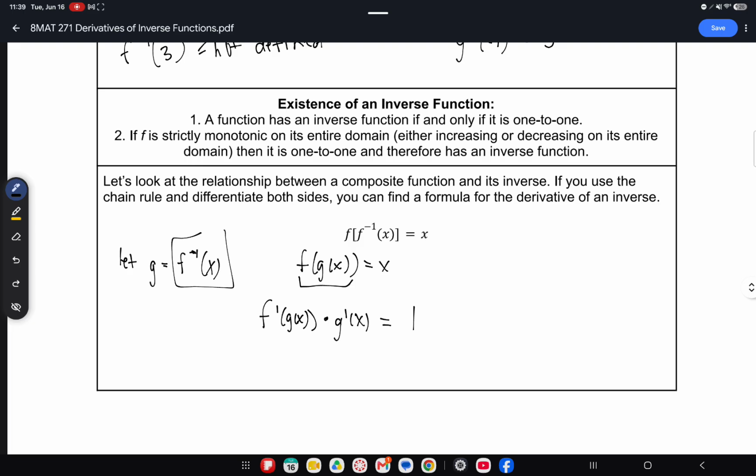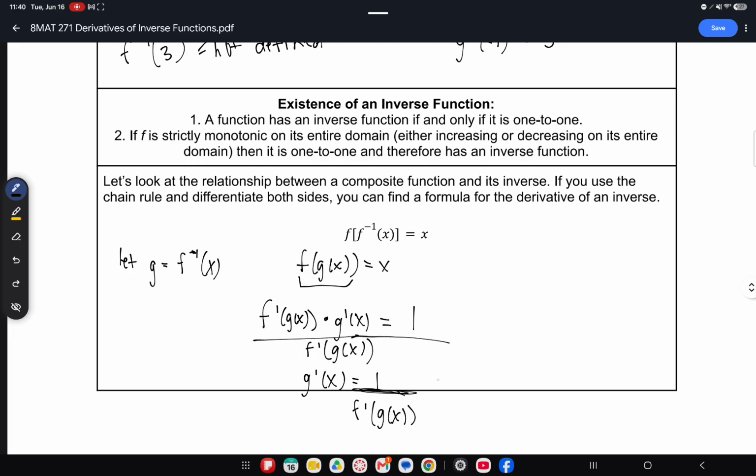Since we wanted the derivative of the inverse, this right here is the derivative of the inverse. So we can divide both sides by this piece here. So we get that g prime of x is 1 over f prime of g of x.